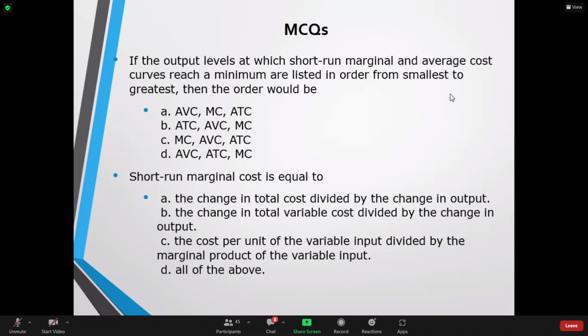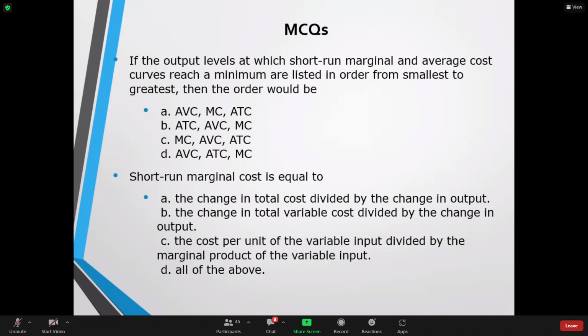Series also says, yes, it includes fixed cost. Yeah, but fixed cost is fixed, no? So therefore, basically change in total cost equal to change in variable cost also. Isn't it? So second answer is also correct. B is also correct. Change in total variable cost divided by change in output.